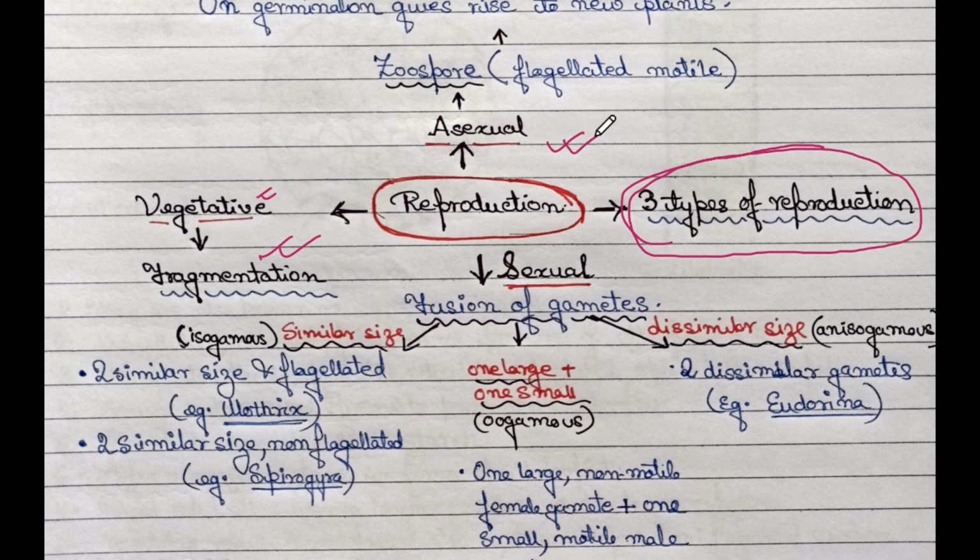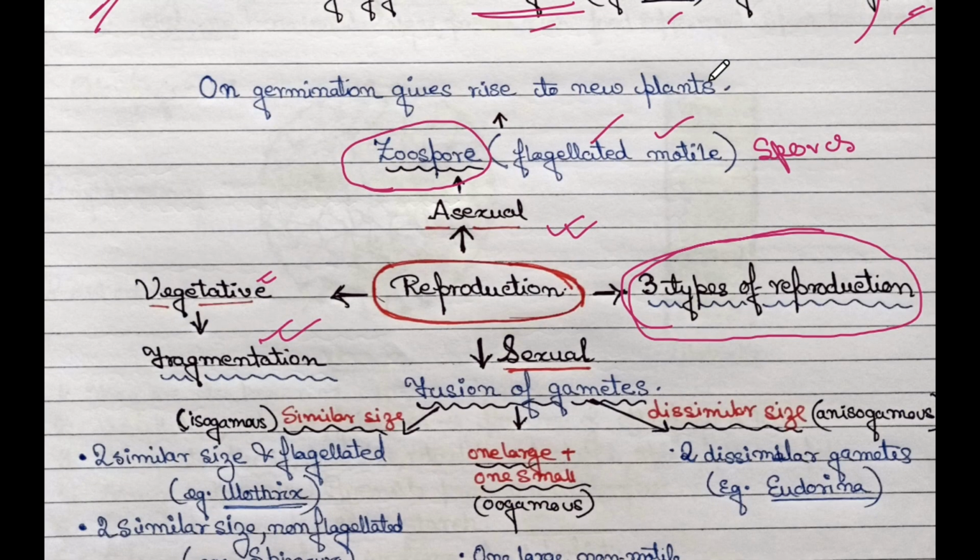Next one is asexual. What do we understand by asexual, since we already came across Monera, Protista, fungi? Just by hearing asexual, what comes to our mind is spore formation. Here we find zoospores. What are zoospores? These are flagellated motile spores. And what is their function?